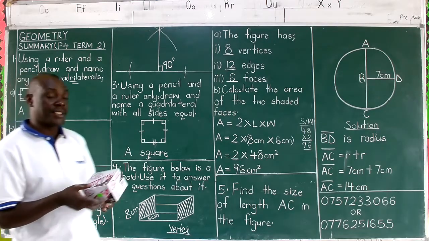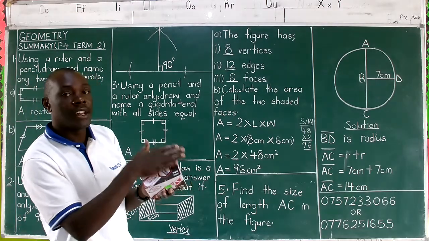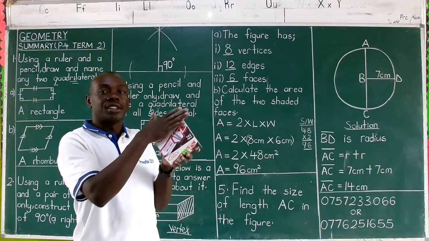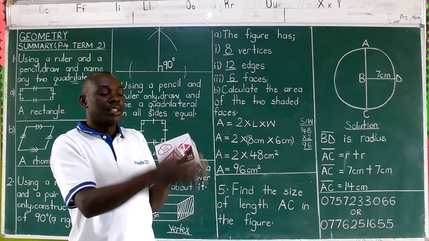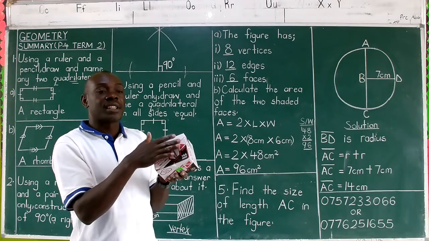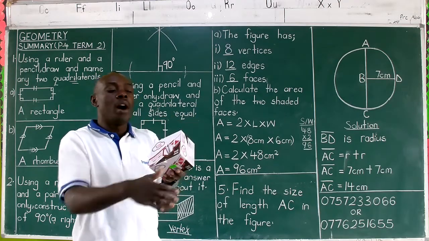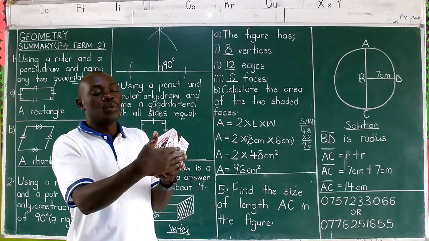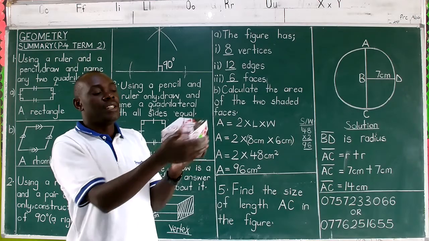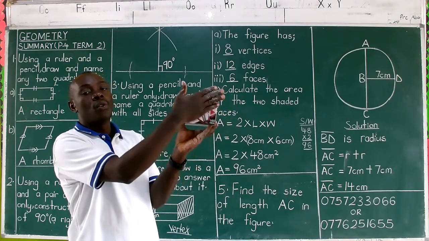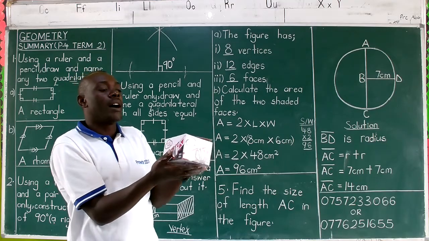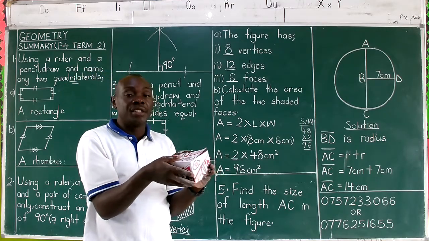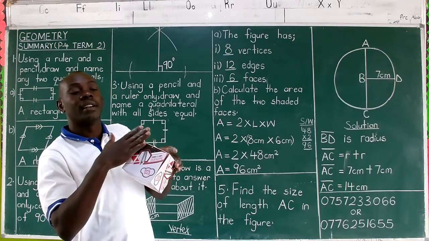Then the faces are these flat ones here. It's a face of a cuboid. Let's count the faces. 1, 2, 3, 4, 5, 6. Let's count one with this one, 1.